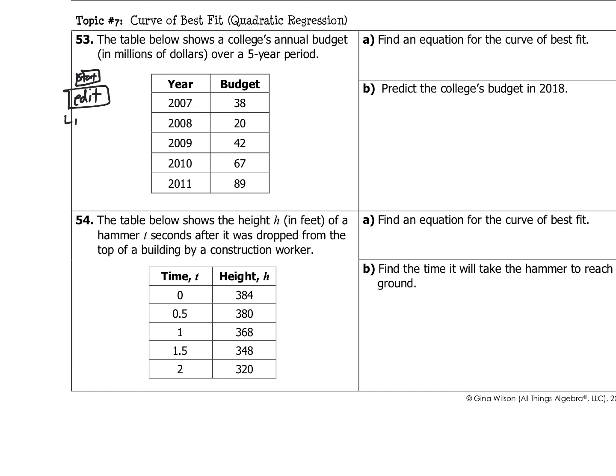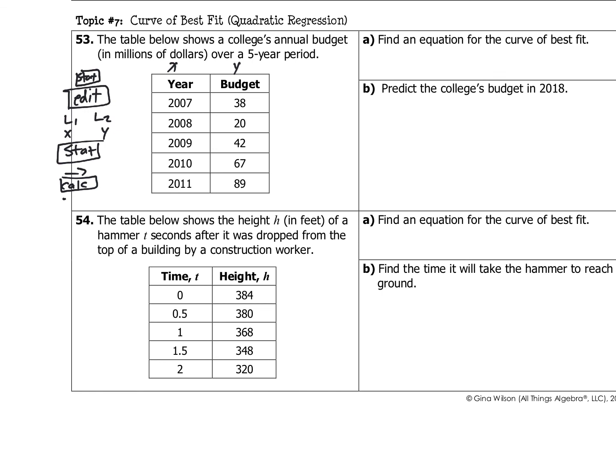Your L1 is going to be the X values. Your L2 is going to be the Y values, okay? And then once you've put in all your X and Y values, you're going to hit stat again. And then you're going to go over to the right one and calculate. And I believe it's number 5.